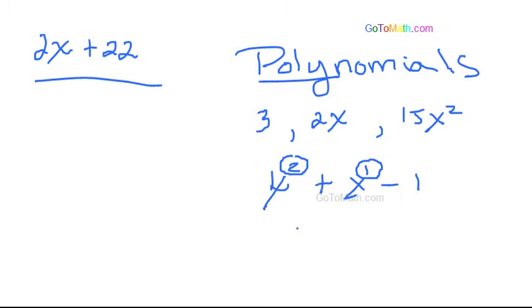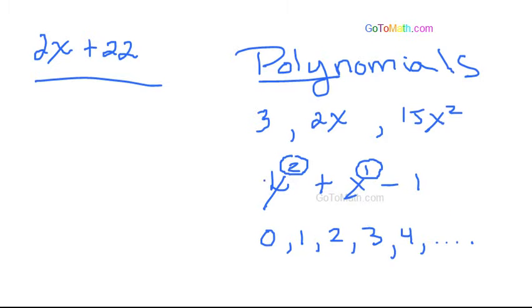Okay, remember, I shouldn't say must be an integer, must be a whole number. Do you remember what whole numbers are? Whole numbers are 0, 1, 2, 3, 4, and so on. Alright, so the exponent must be a whole number.